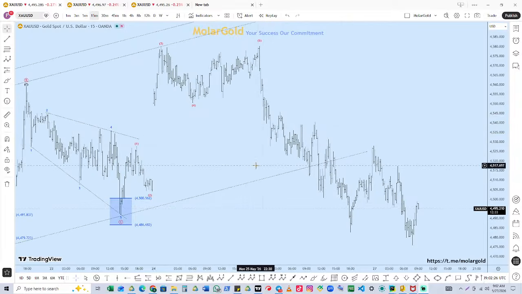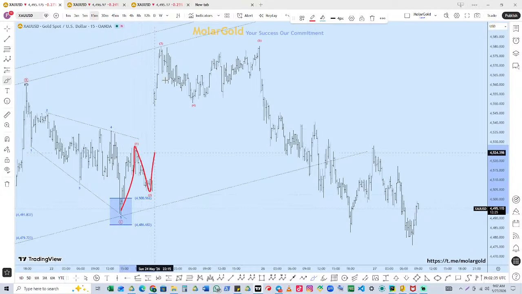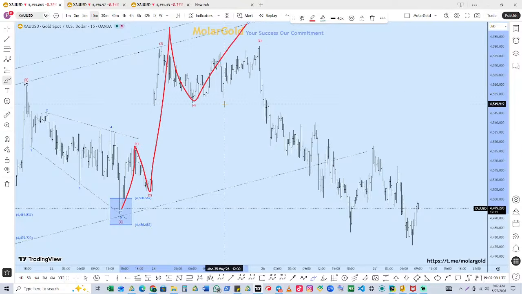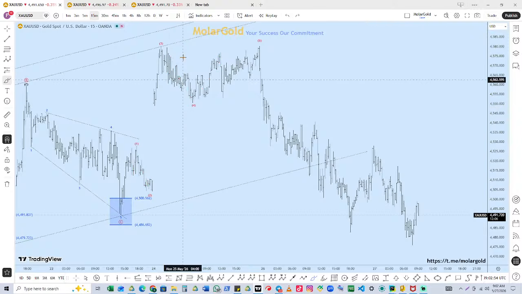In our last video, I told you guys that gold is actually doing a 5-wave with 1, with 2, with 3, with 4, and with 5. And indeed, gold did the 5-wave. But what happened after the 5-wave? I was expecting that it's going to go a little bit higher, but that did not happen. So it did what we call the truncation in wave 5.